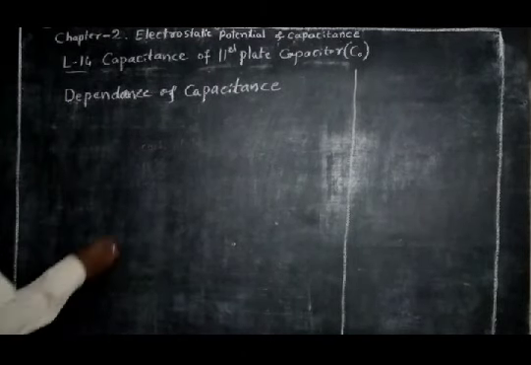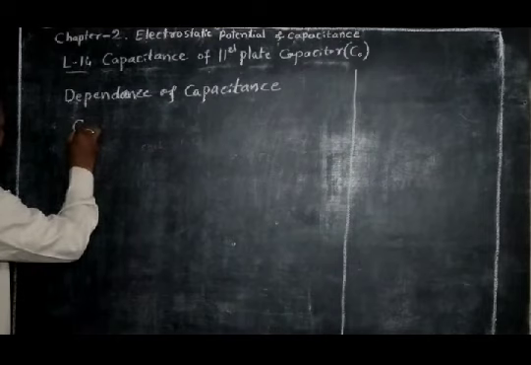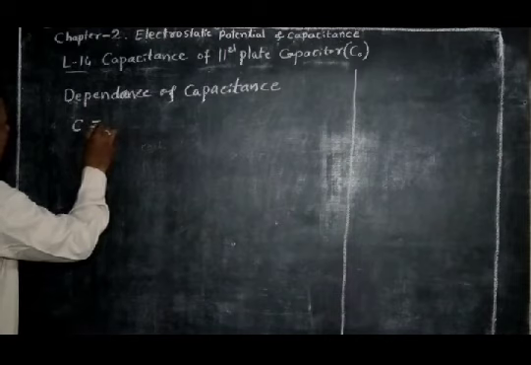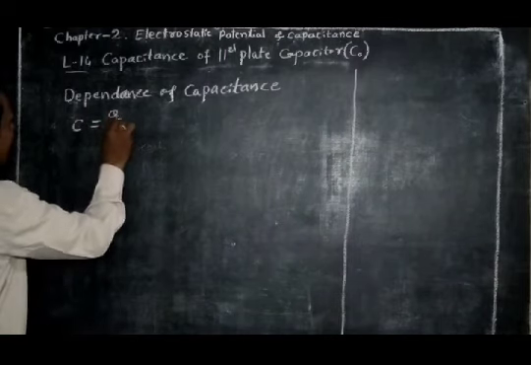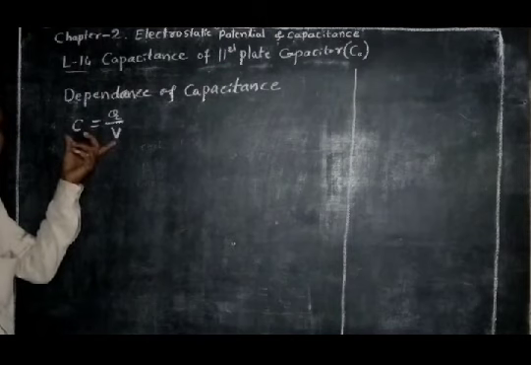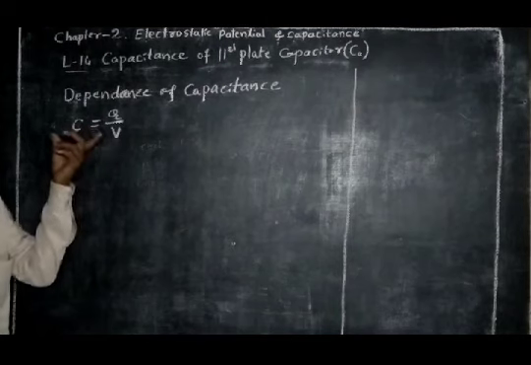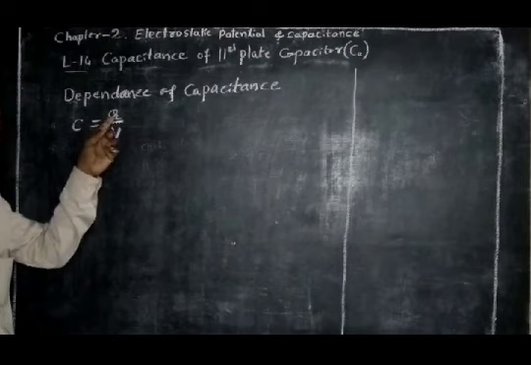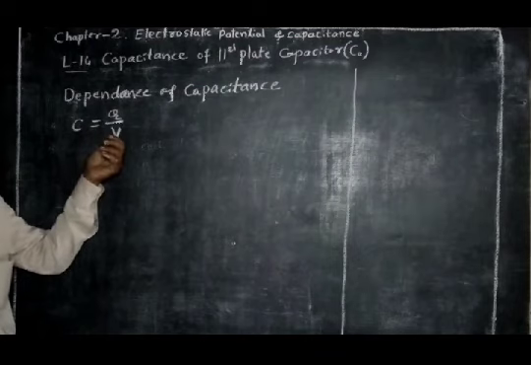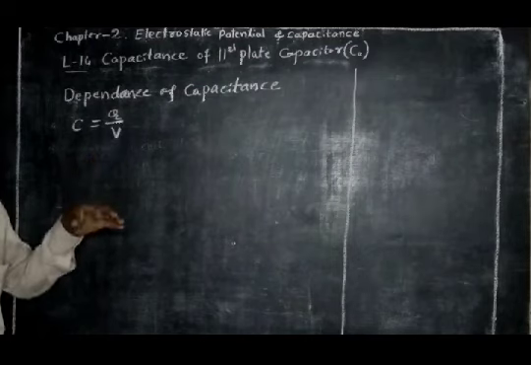We know that the capacitance of a capacitor is given by C equal to Q upon V. This is the general expression for capacitance, where Q is the charge on the plates or conductors of a capacitor, and V is the potential difference between them.